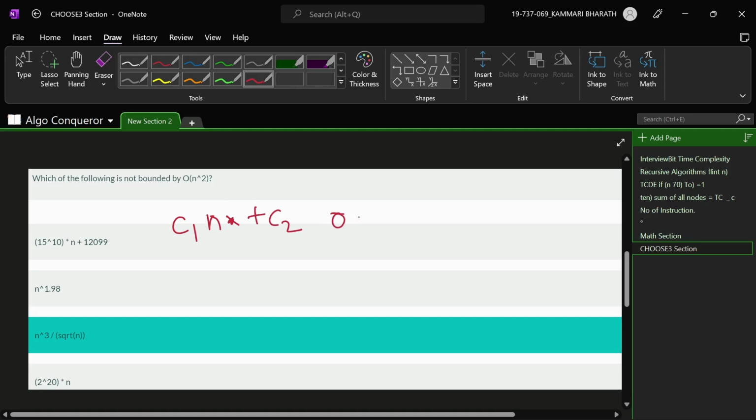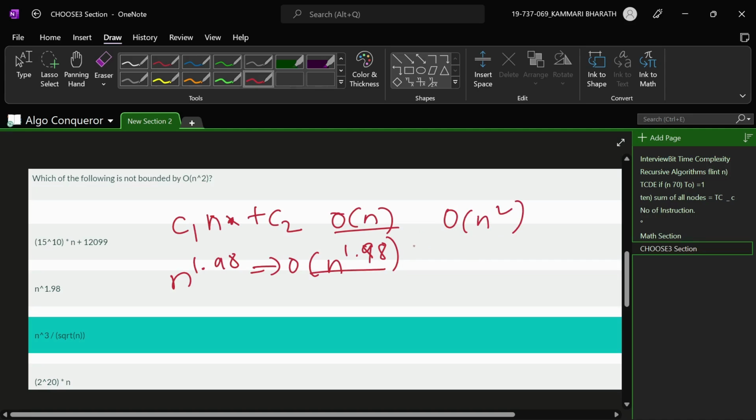It's basically big O of n, and this is n power 1.98. So this will be big O of n power 1.98. So these two are bound by big O of n square, because this is less than n square and this is also less than n square.